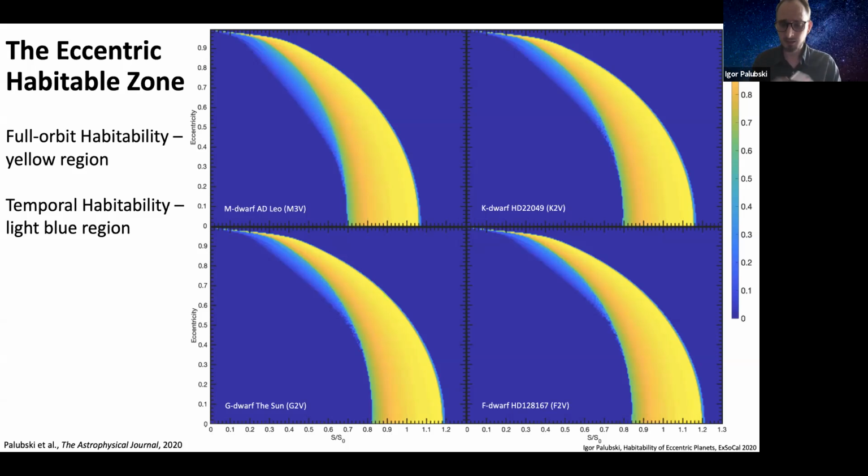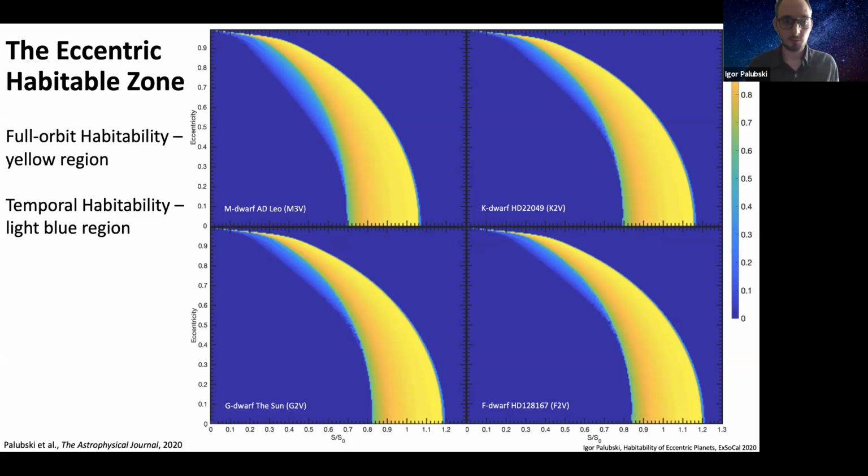Another thing we notice is that the cooler the star is, the larger this region of temporal habitability is, and that's again due to this effect that Igor mentioned, the interaction between the infrared light and ice. Ice absorbs infrared light more readily, which leads to more efficient thawing of sea ice on M dwarf planets.